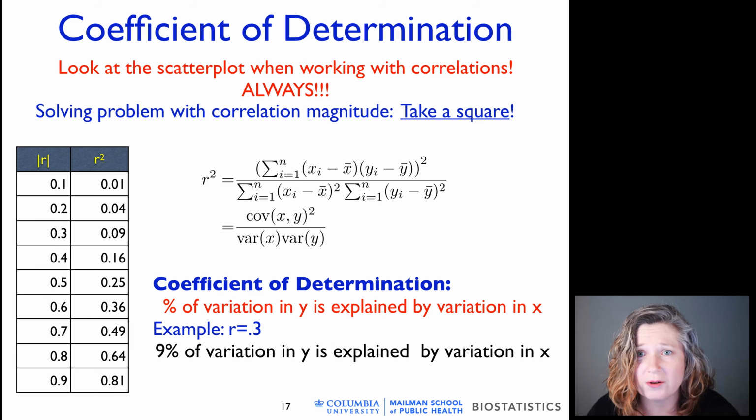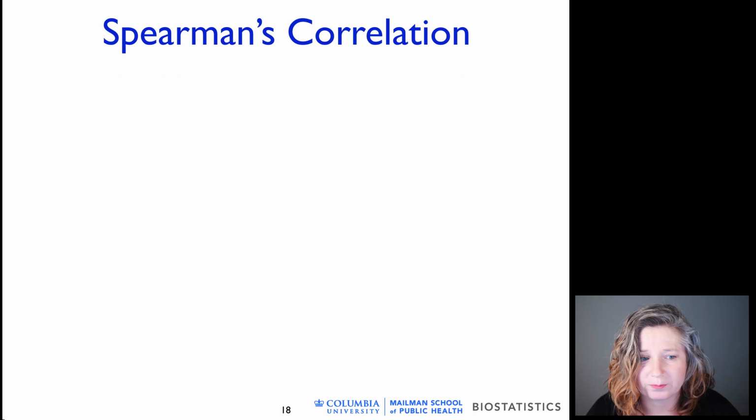So that is a very, very nice interpretation, and I highly encourage people to always square the correlations and interpret them as coefficient of determination. It makes it much more understandable to the public, and it makes the result not overestimate the actual association between X and Y.